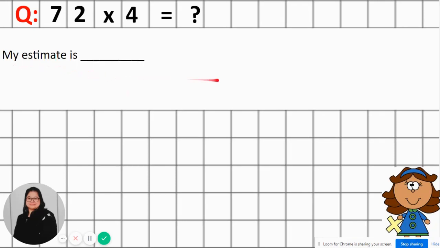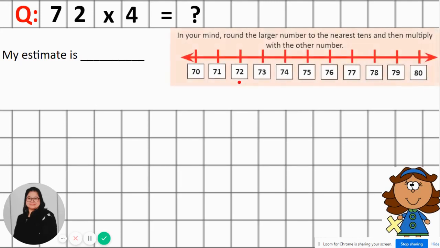So what will be my estimate? For this, let's take a number line. Now in your mind, you have to round the larger number to the nearest tens. What does that mean? In this sum, which one is the larger number? 72. So we have to round the 72 to the closest tens.